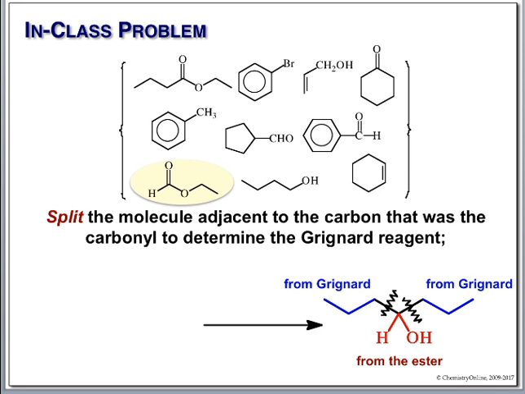Well, if our Grignard has 1, 2, 3 carbons, it had to have a halogen attached, right? Bromine or something. So that's going to be a bromopropane. 2 propyl magnesium bromides, and 1 of these guys. Going to lose the O-ethyl.